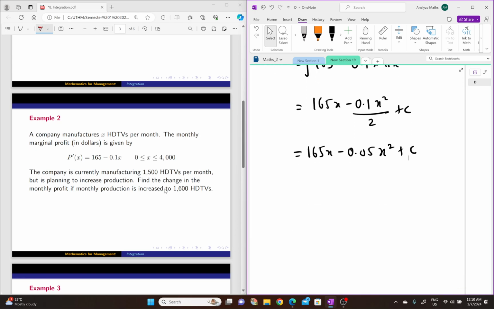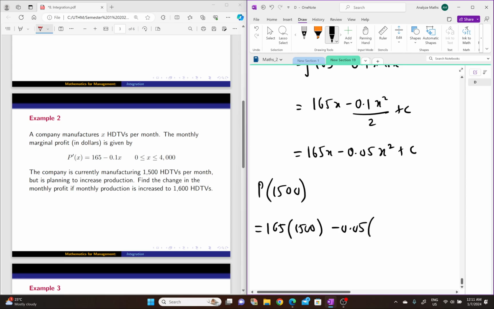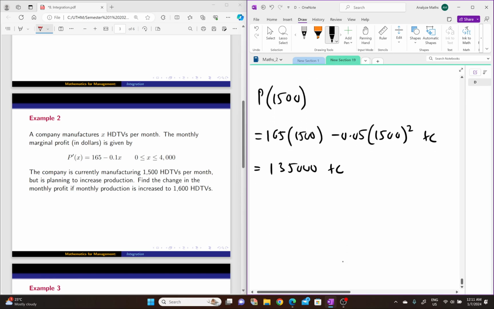So they want the change in the monthly profit if the production is increased. Before increase, which is the current, they produce 1500. With 1500, how much is the profit? This is the value. If 1600, what is the profit?